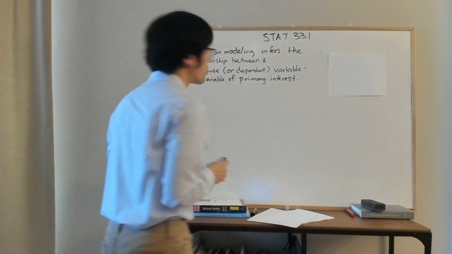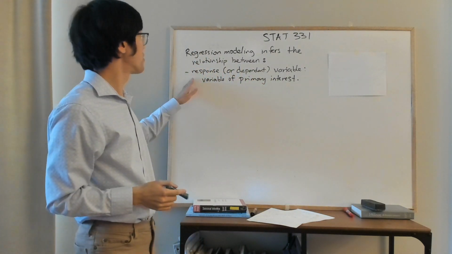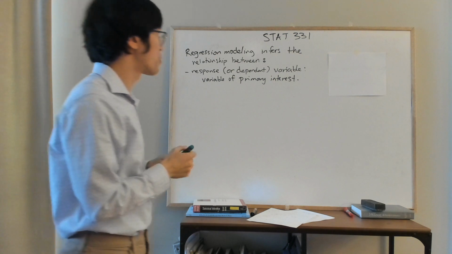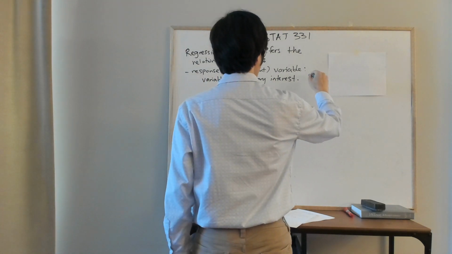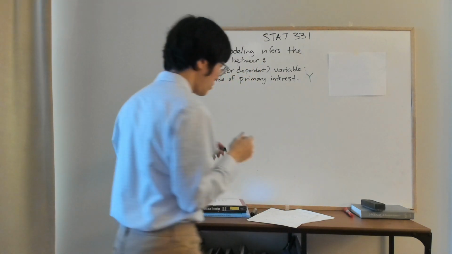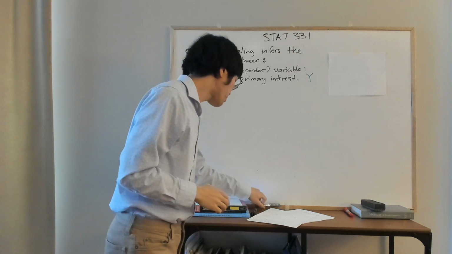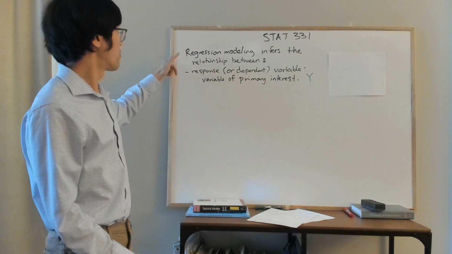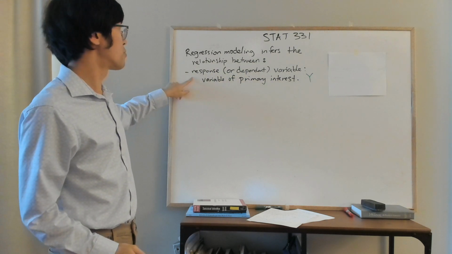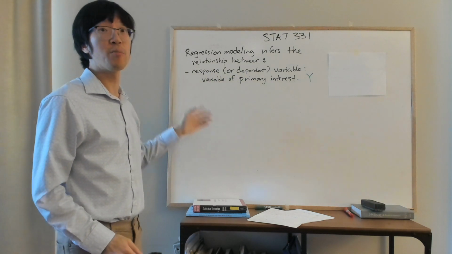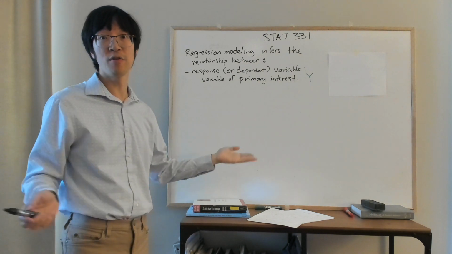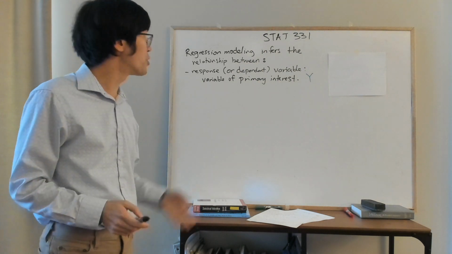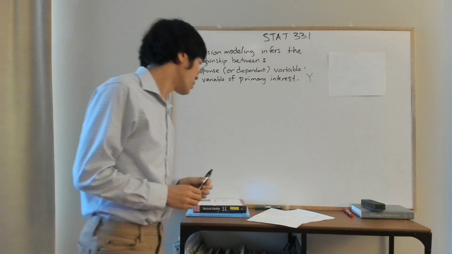We need to assign some notation to these variables. Often, for the response variable, we usually denote it with the letter y. Regression seeks to find the relationship between this response and a bunch of other variables that we can use to build the model for y.